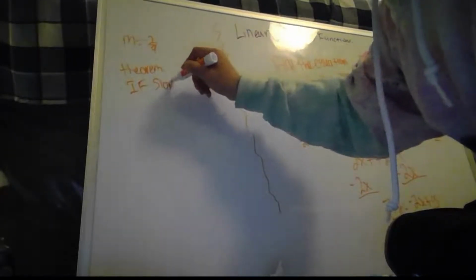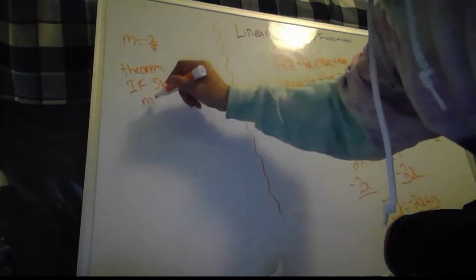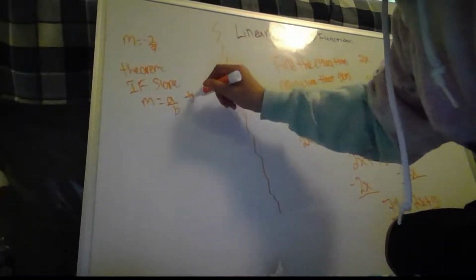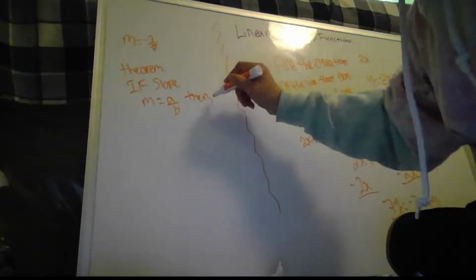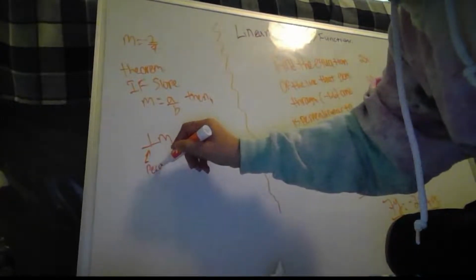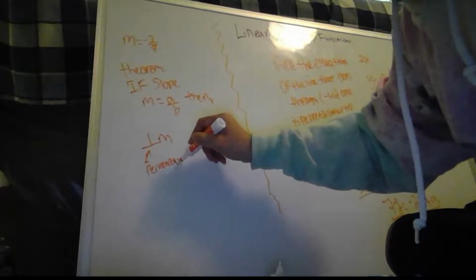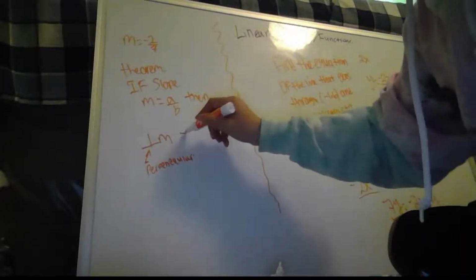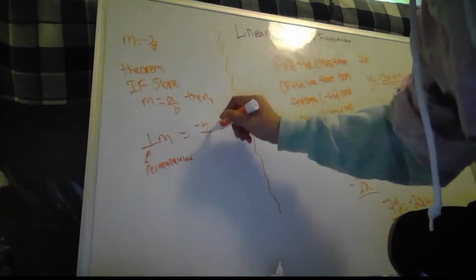slope m equals a over b, then the perpendicular m, which is like, this is perpendicular, right? Is going to equal -b over a.